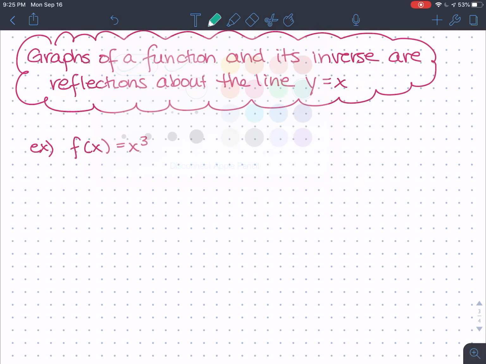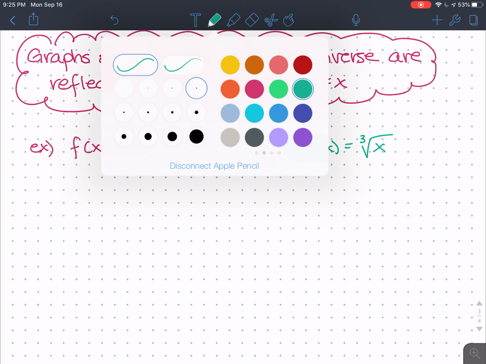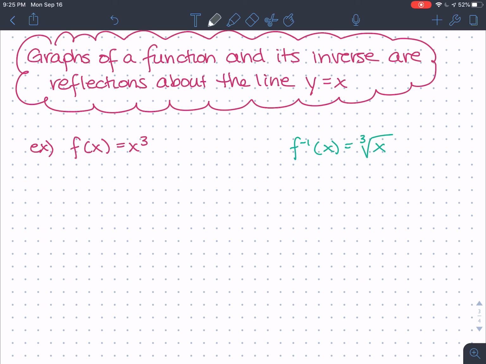So the inverse of f of x is the cube root of x. Now let's take a look at the points and their graphs, and we'll see switching x and y works, and also reflecting about the line y equals x works. I'm going to put a set of axes here. Sorry, my line's not super straight.